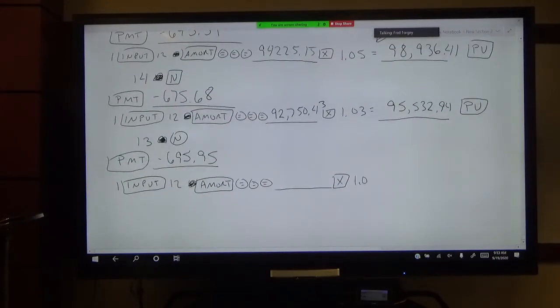This time it's going to go up by 6%. Okay, that becomes a new present value, 94,374.74, just for 12 years.